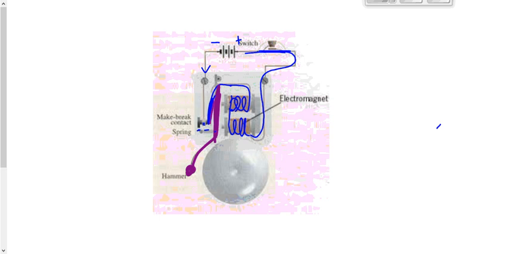Remagnetizes the coils of wire, pulls it all back over, ding, breaks the circuit, spring pulls it back, and so on and so on and so on. I mean, that happens pretty quickly, several times per second, right? So that you hear ding, ding, ding, ding, as opposed to one ding. Okay? But that's the basic principle of what's happening.